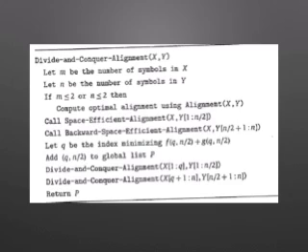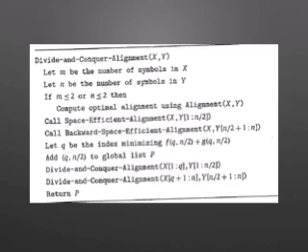Call Space-Efficient-Alignment(x, y[1:n/2]). Call Backward-Space-Efficient-Alignment(x, y[n/2+1:n]). Let q be the index minimizing f(q, n/2) plus g(q, n/2). Add (q, n/2) to the global list P.